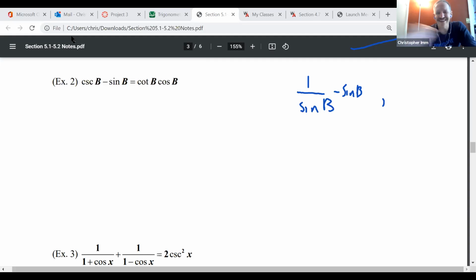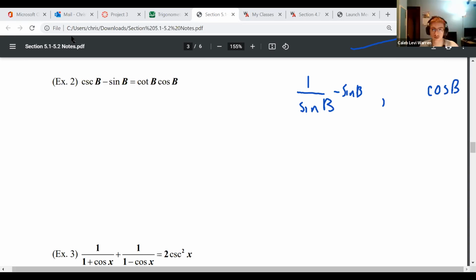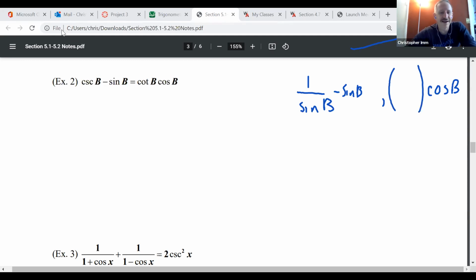Okay, so cotangent, 1 over tangent. So that would be another way to express that first one, but that's not in terms of sines and cosines, right? So what's cotangent in terms of cosines and sines? Do you remember? No, sorry, I don't. Okay, no worries.